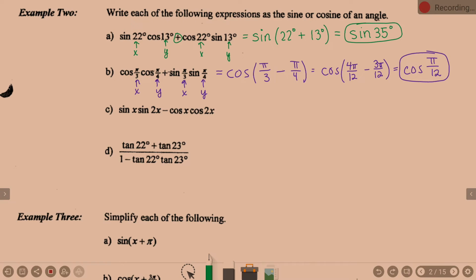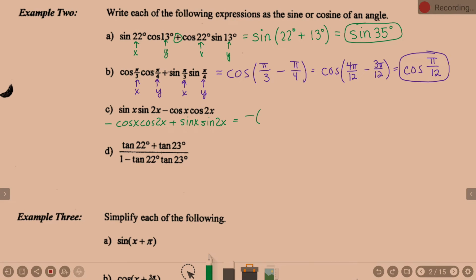So I'm going to flip this around and rewrite this as negative cosine x cosine 2x plus sine x sine 2x. I need you guys to see the visual here. It still kind of looks like cosine, but does cosine ever begin with a negative? No. So my suggestion is that we factor out a negative, factoring out negative 1.